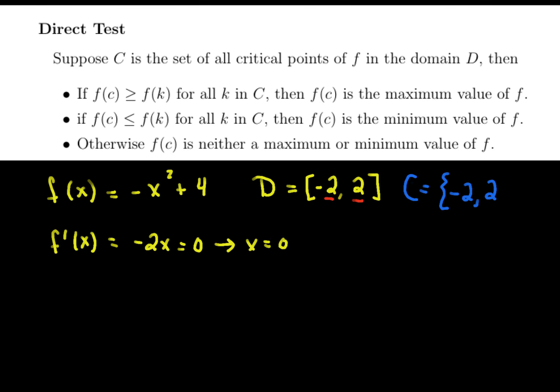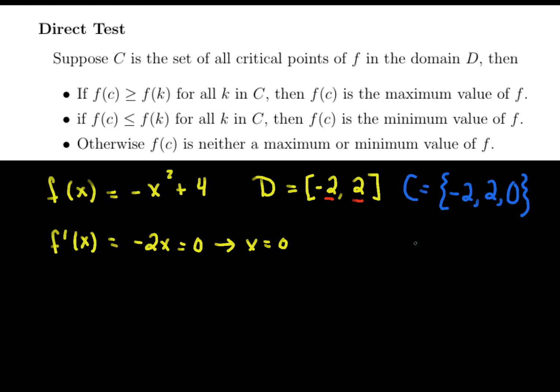So we can add that to our set of critical points. 0 is also in here. And that is all of our critical values: endpoints and places where the derivative is 0. So now, how do we use the direct test? We found our critical values, and the direct test says we just have to evaluate the function at all the critical points to see where the maximum values are.